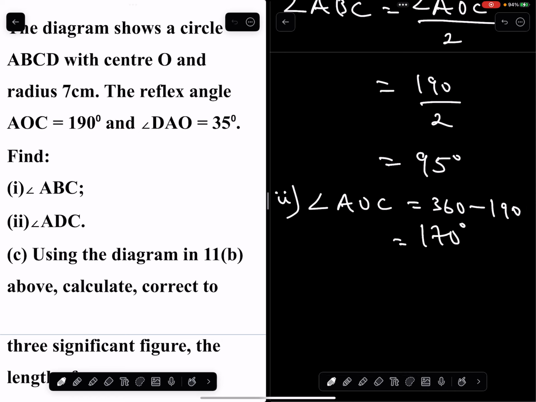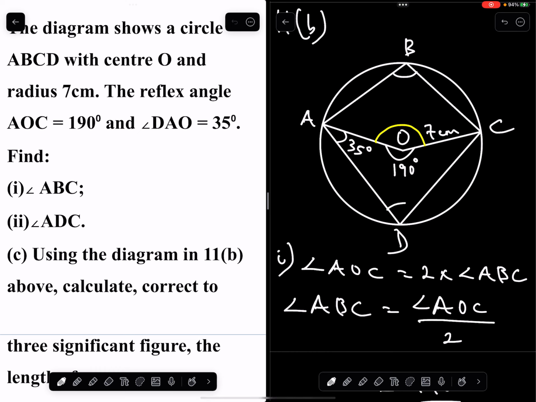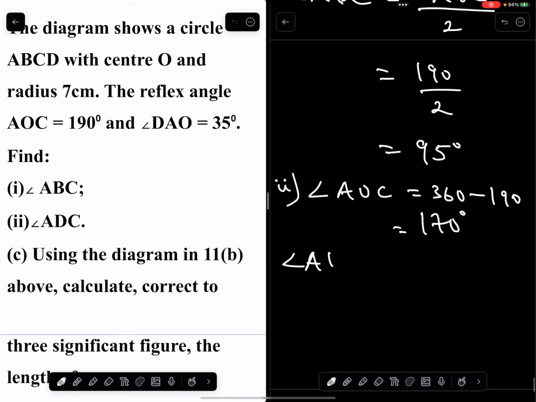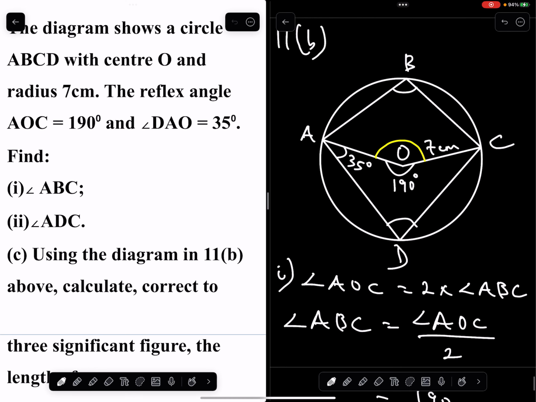Now, angle ADC, which is this angle, is half of angle AOC. Angle ADC equals angle AOC over 2. Angle at center is twice angle at circumference.